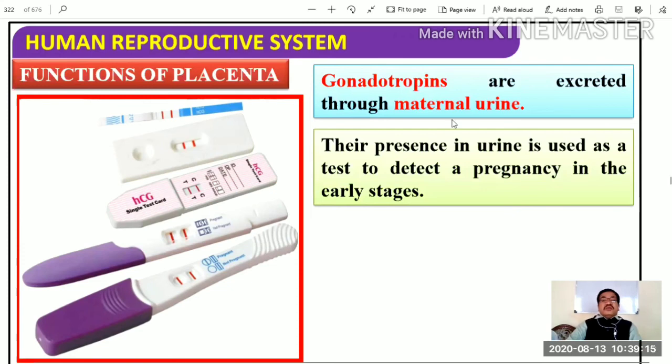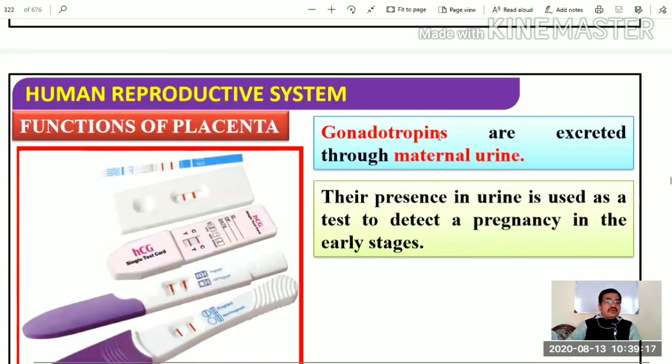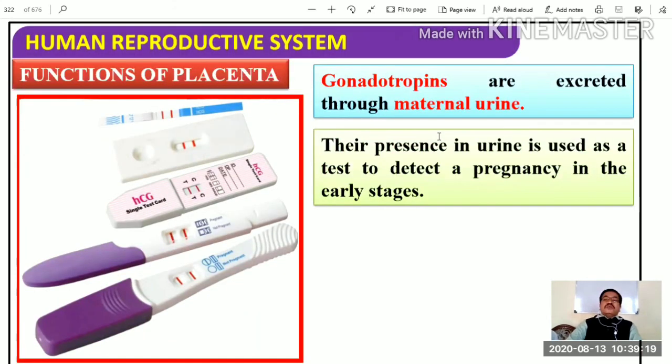So some gonadotropin is secreted in the maternal urine, the mother's urine. When we take the urine sample, we can detect the pregnancy in females. So this is the simple test to detect the pregnancy.